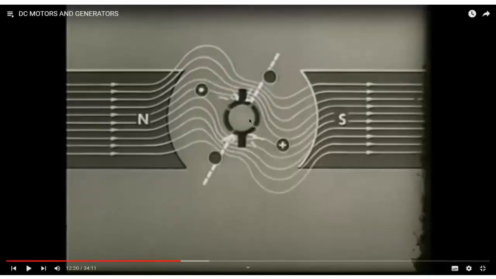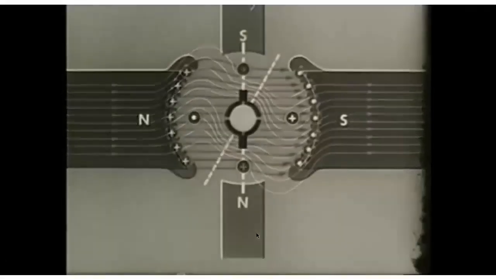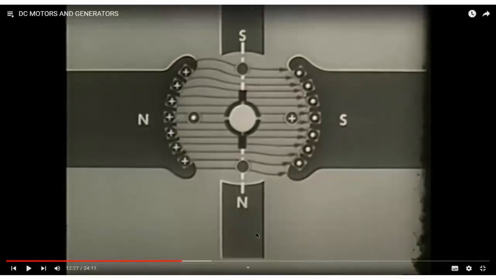The interpoles will be located here, on the real geometrical neutral axis, and will push the magnetic field back. Let's see. The neutral plane is moved back toward the correct position. The neutral plane is moved back to its correct position due to auxiliary poles or interpoles.